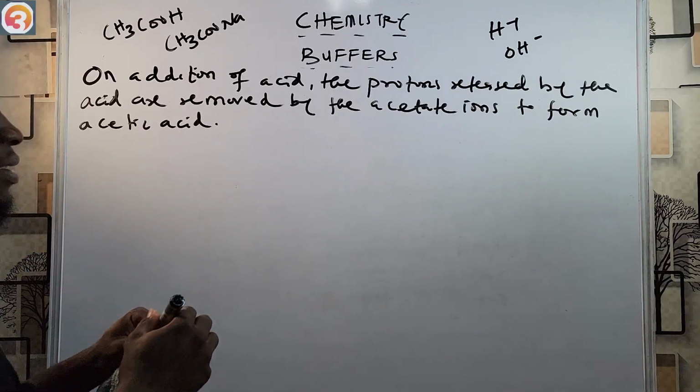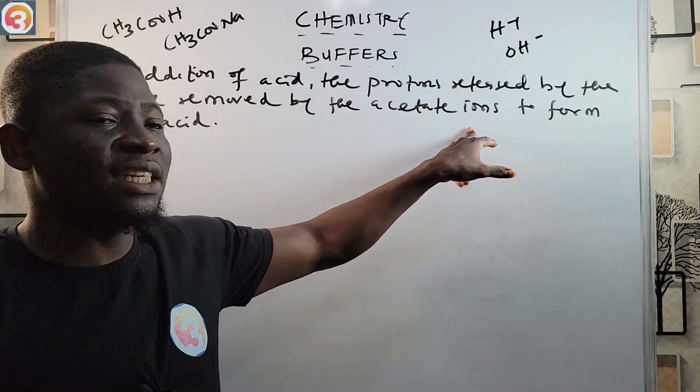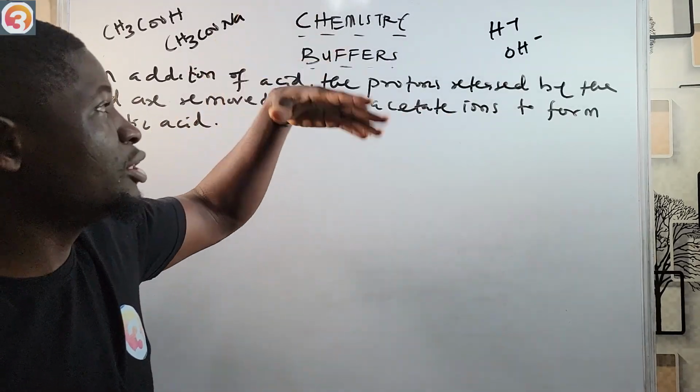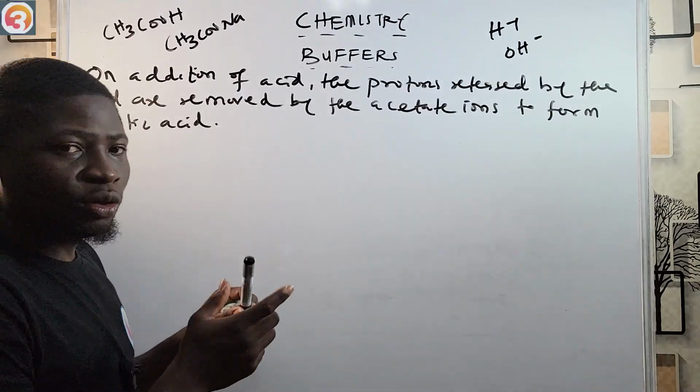So in that case, if the protons released by the acid are removed by the acetate ion to form acetic acid, that means the hydrogen ion has been buffered, knocked out from the solution.